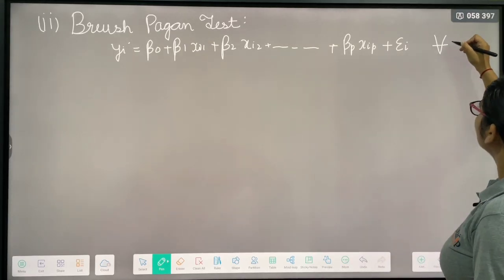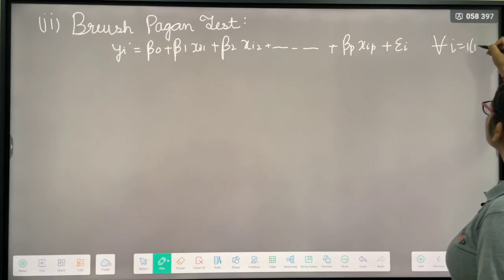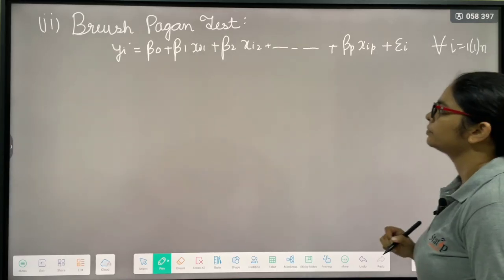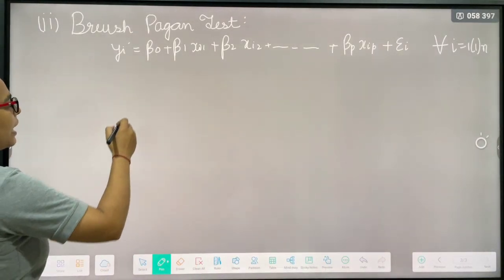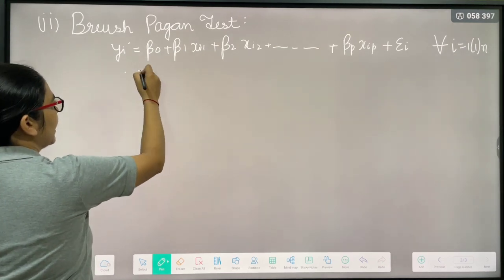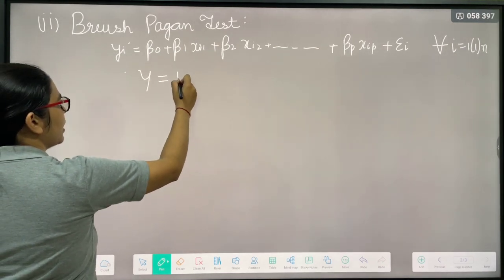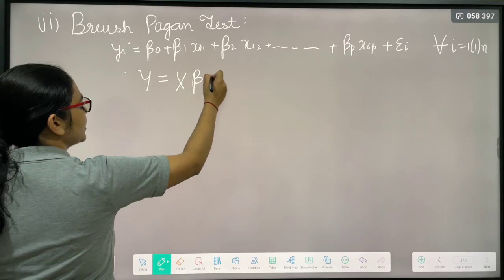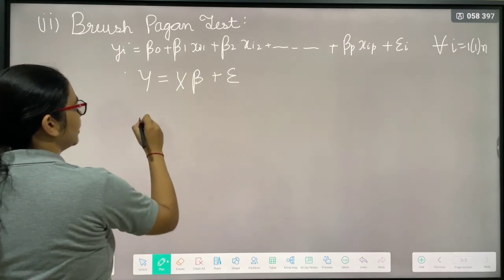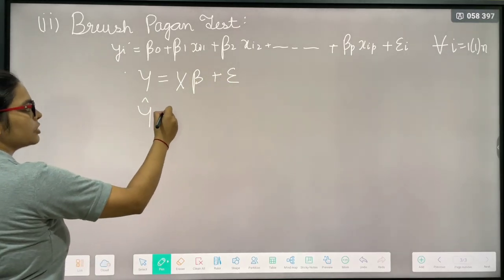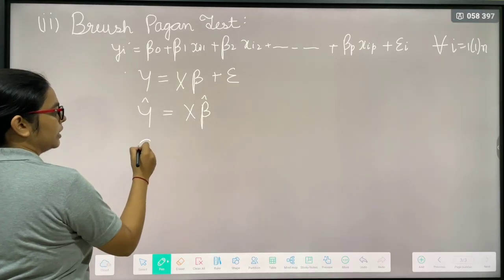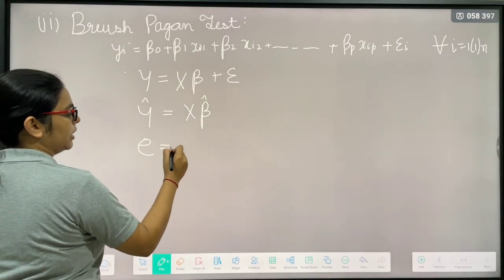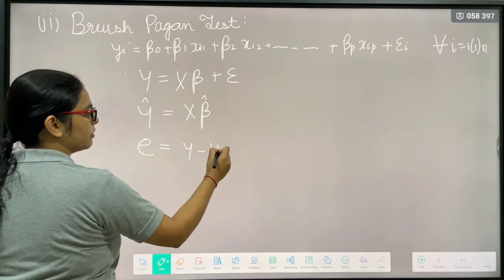This is our model for all i from 1 to n. We can write it as y equals X beta plus epsilon, and we will calculate the predicted value of y, which is y cap equals X beta cap. Now we will calculate e, which is nothing but y minus y cap.